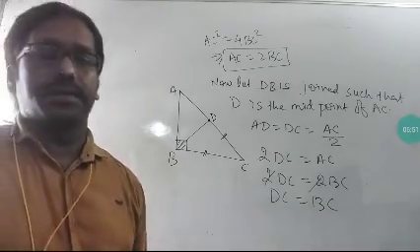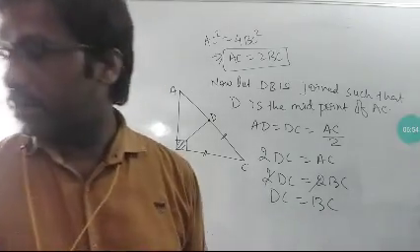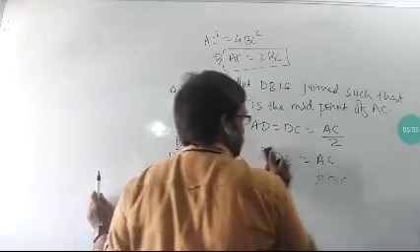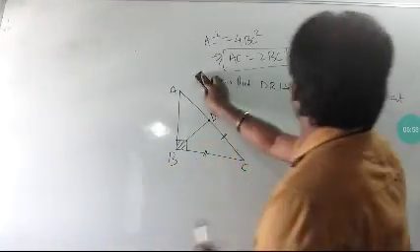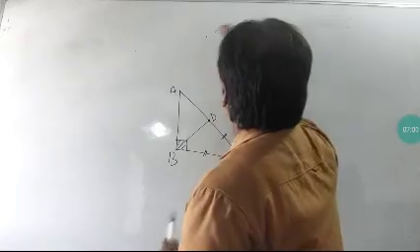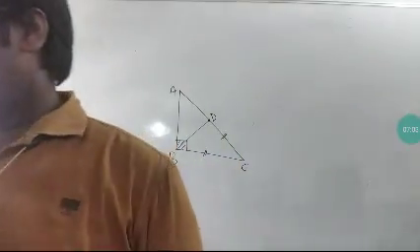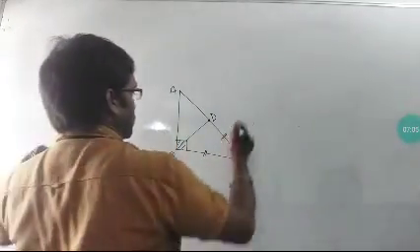Okay, we have found DC is equal to BC, and now the circumcenter concept is going to be used here. Okay, D is the midpoint of the hypotenuse, that means it is the circumcenter. That means here DB is equal to DC.